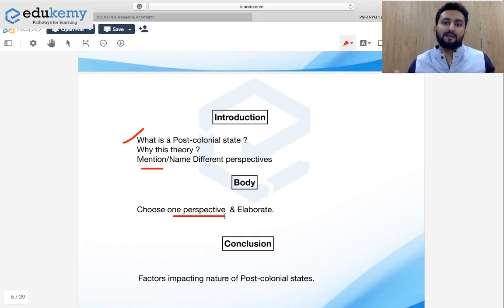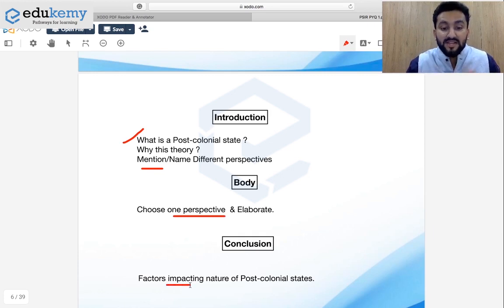And when you are done with that, since the question is asking to comment on the post-colonial theory of state, don't you think that there are some factors which are impacting the nature of the post-colonial state, and thereby impacting the relevance of the post-colonial theory of state?